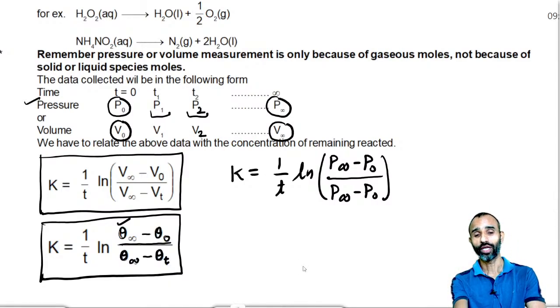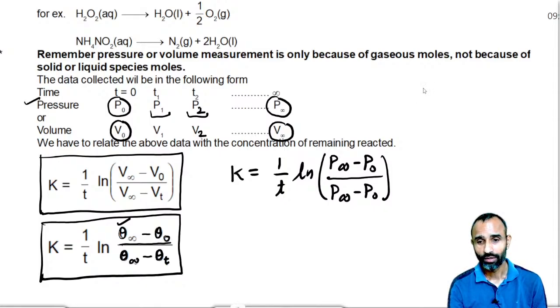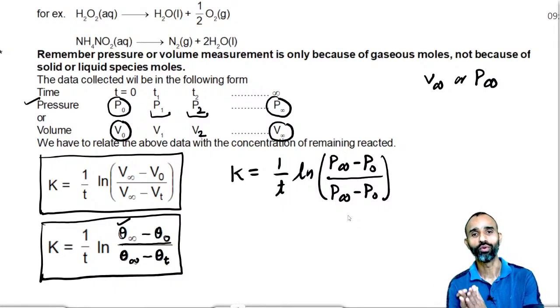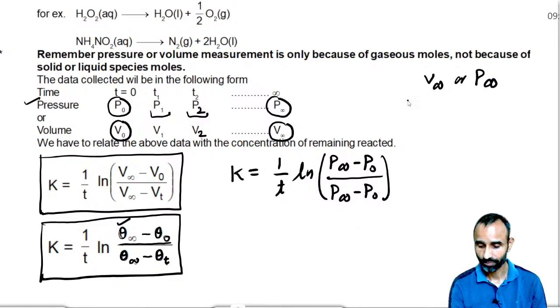Now, if let us say P infinity is not given, that means at infinite time it turns into 0. We take it as 0. If it is not given, we take this value as 0.